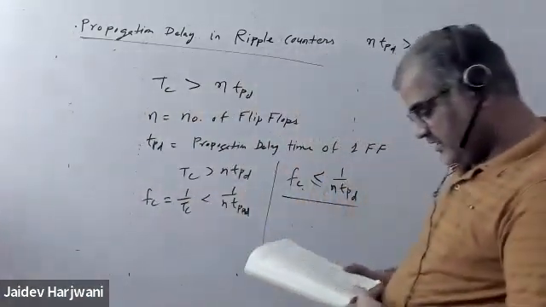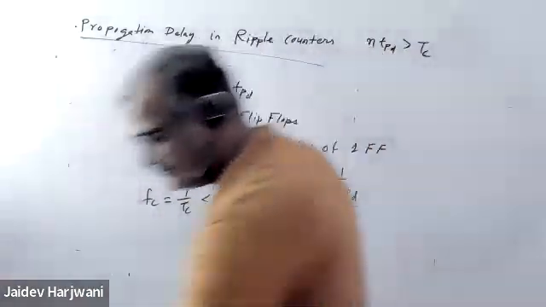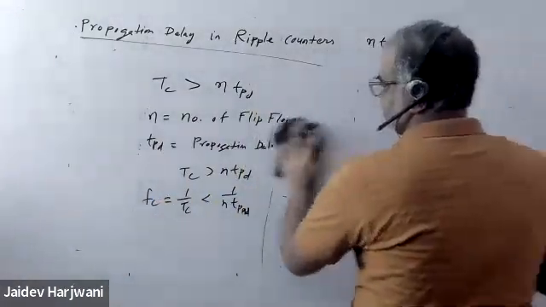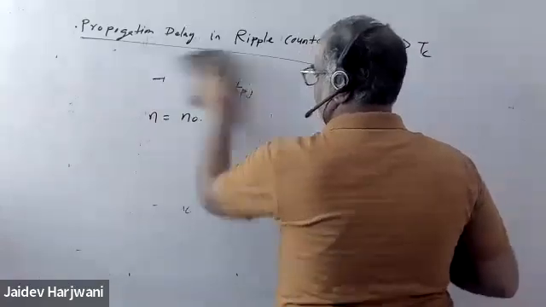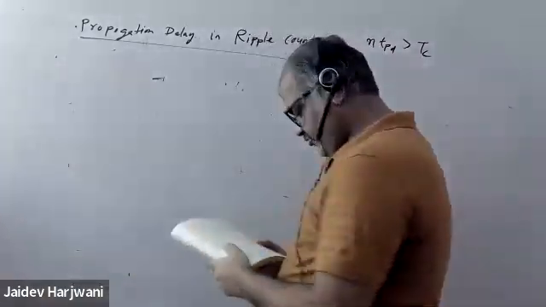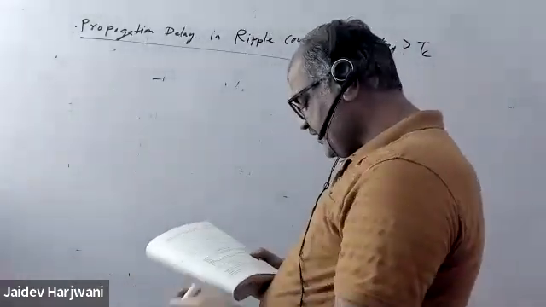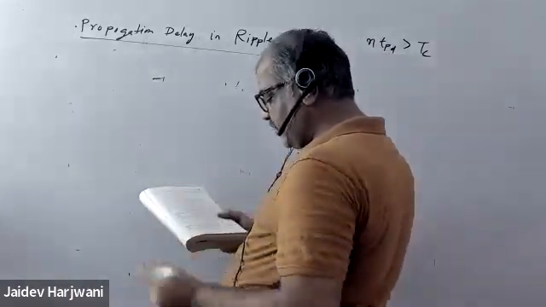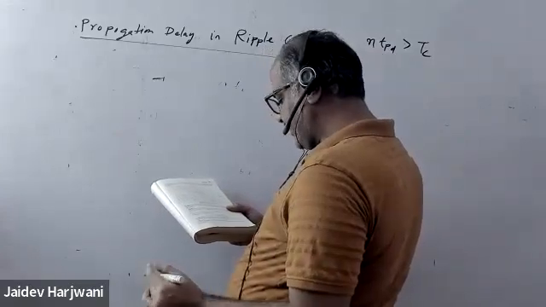So for example, the question says: for what minimum value of propagation delay in each flip-flop will a 10-bit ripple counter skip a count when it is clocked at 10 megahertz?